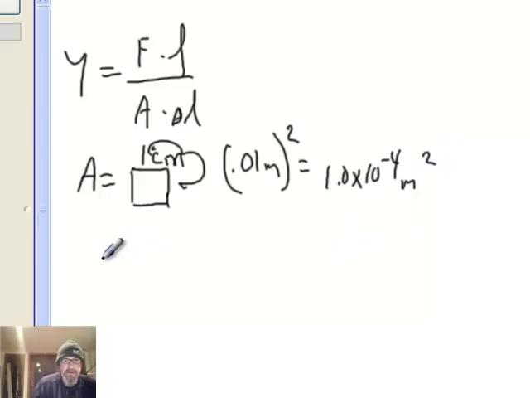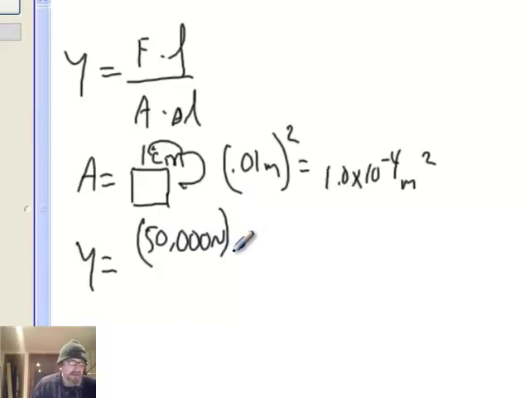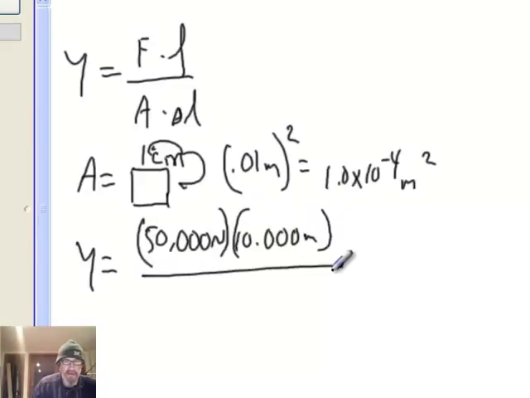So that's area. Young's modulus then is the force, that was 50,000 newtons that was being applied, times the length, the original length was 10 meters, divided by area, which we just calculated to be 1 times 10 to the negative fourth square meters, times the change in length.